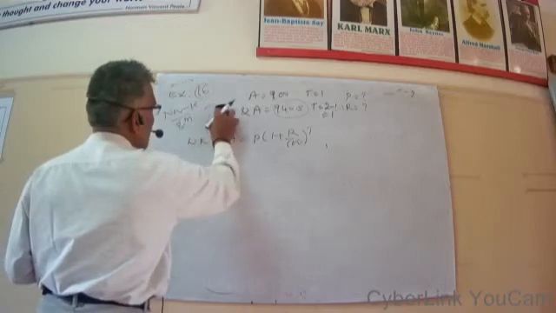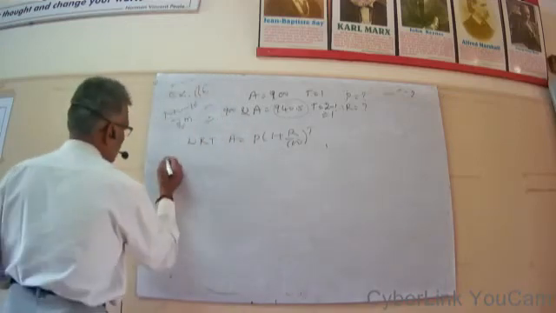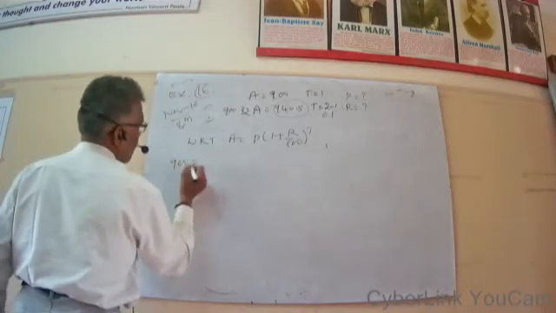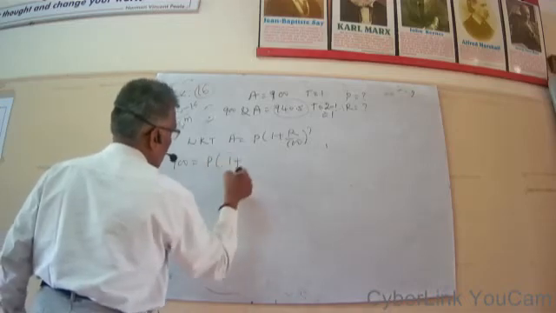A is 900 now. We know that A equal to 900 equal to P into 1 plus R upon 100.